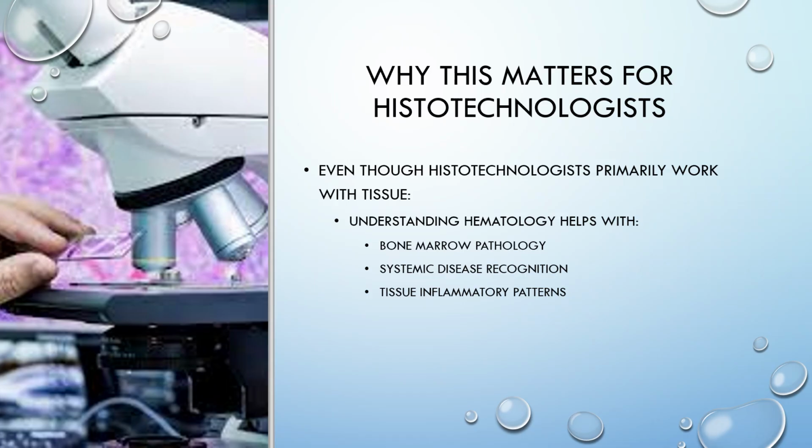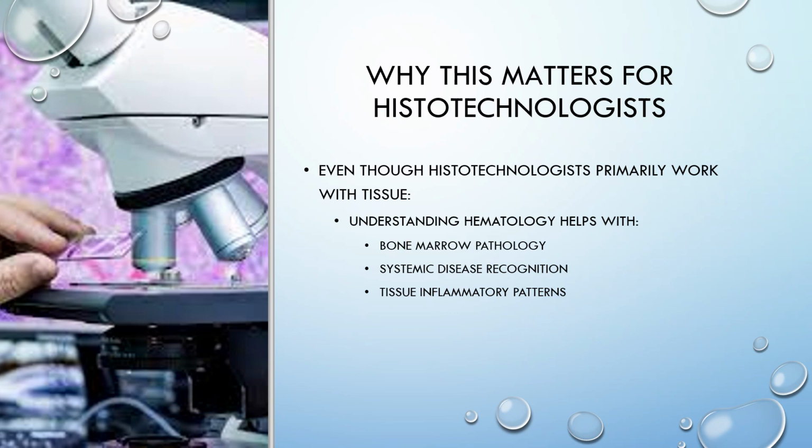Recognizing abnormal erythroid or myeloid maturation patterns requires the same morphologic skills used in peripheral smear interpretation. Hematologic knowledge also helps with recognizing systemic diseases that affect tissues throughout the body. Many disorders that originate in the blood or bone marrow, such as leukemias, lymphomas, or hemoglobin disorders, can produce changes that are visible in tissue sections. In addition, inflammatory and immune responses seen in tissues are closely connected to circulating blood cells and immune cell populations.